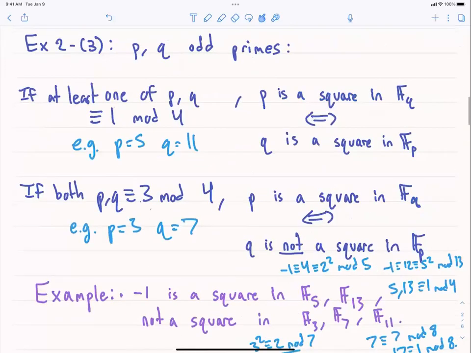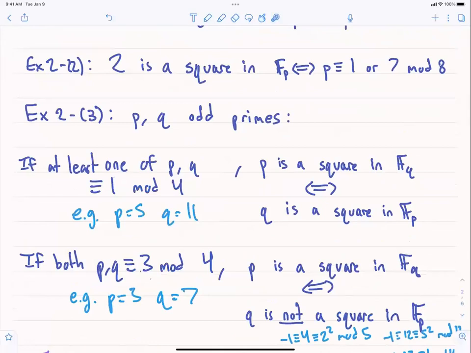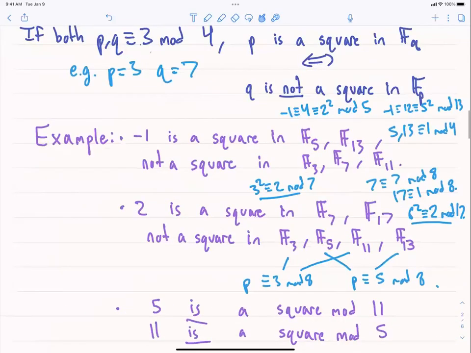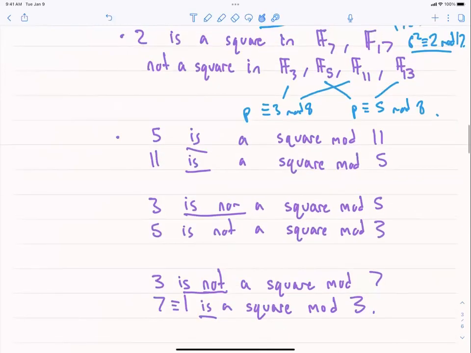To give some examples of this last observation, about when you can flip P and Q and still be answering the same question or the negation of the question, let's look at some examples. So 5 is a square mod 11. 5 is 4 squared mod 11. And 11 is a square mod 5, because 11 is congruent to 1 mod 5, which is 1 squared.